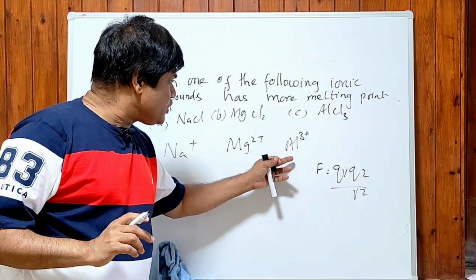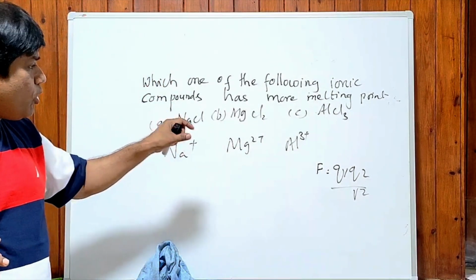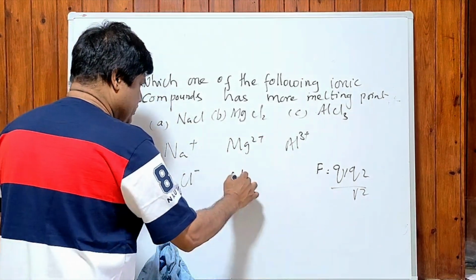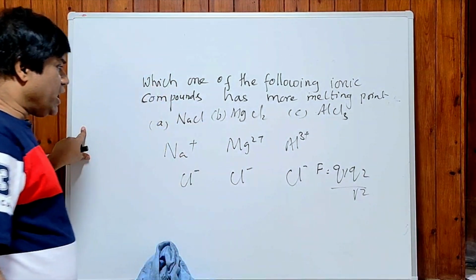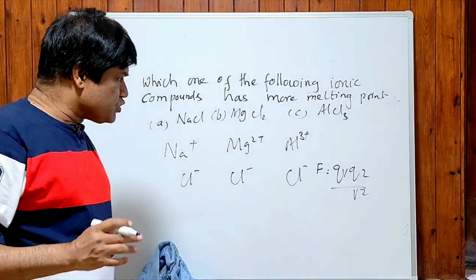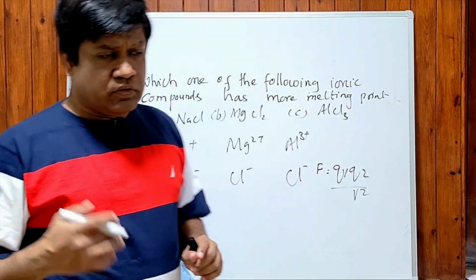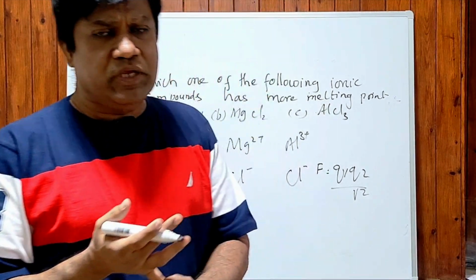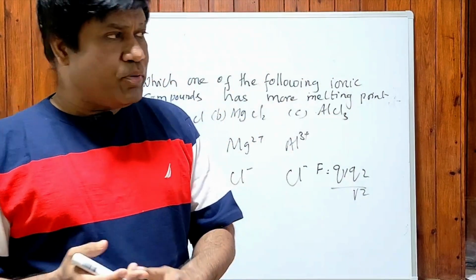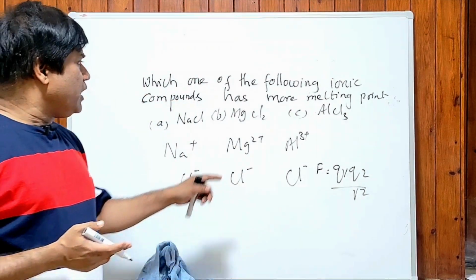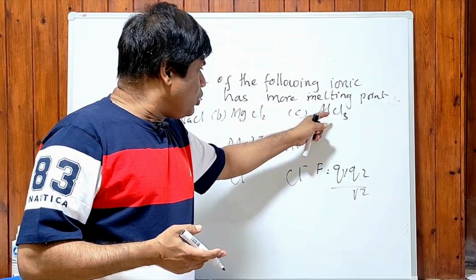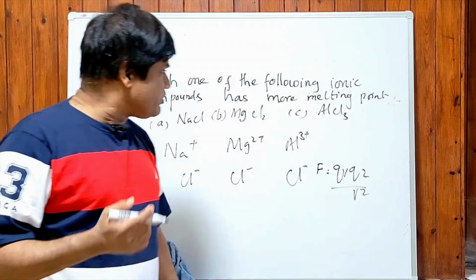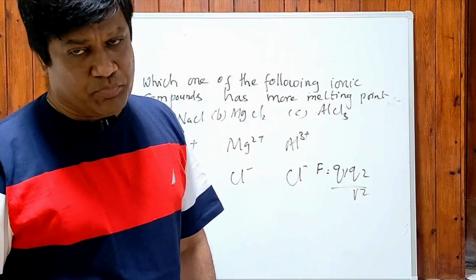You have to check which ion has the greater charge magnitude. Chlorine is Cl minus in all cases. So Al has the greater magnitude, so it has a stronger force of electrostatic attraction. More electrostatic attraction means more percentage of ionic character, which means more energy is needed to break the bonds in AlCl3. So AlCl3, aluminum trichloride, has the higher melting point.